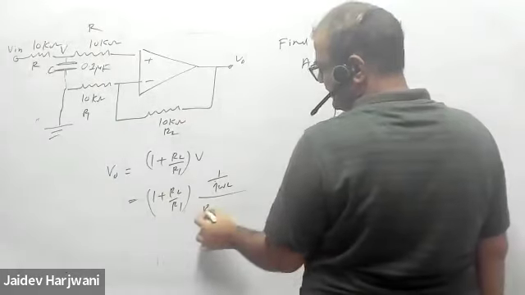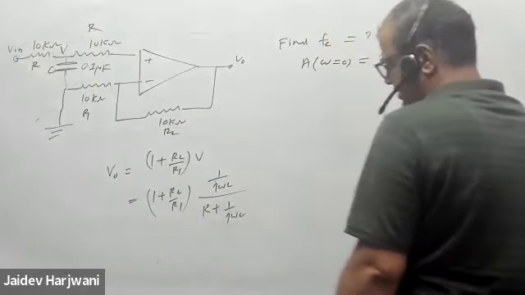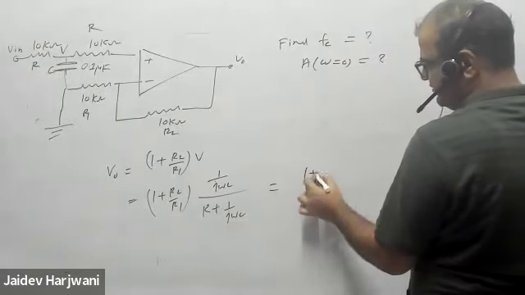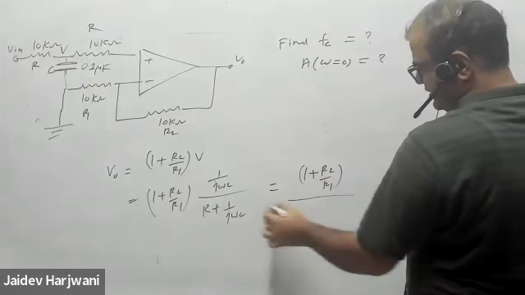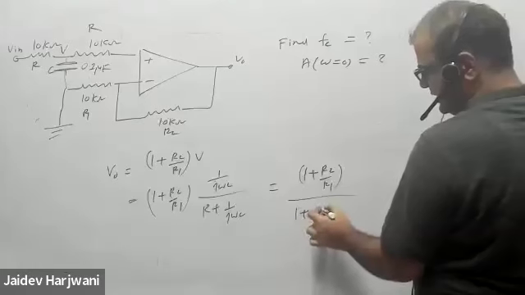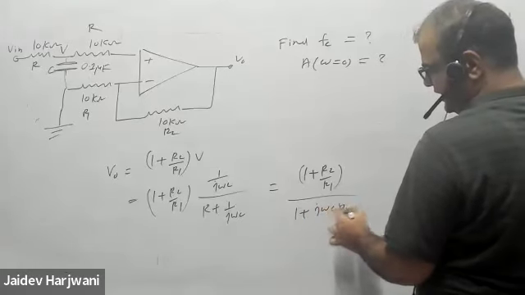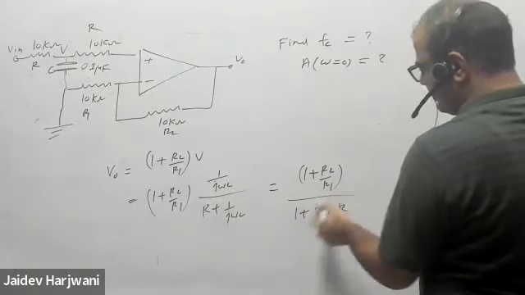So use R plus 1 upon J omega C. Okay, so this becomes 1 plus R2 by R1, 1 plus J omega C R. One cancels out. So this is the formula.